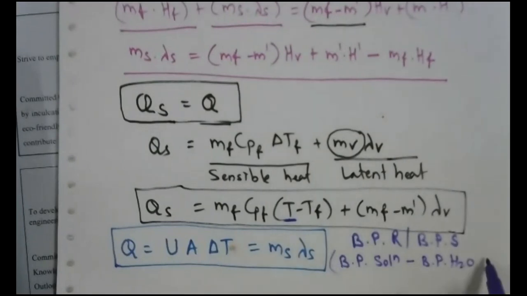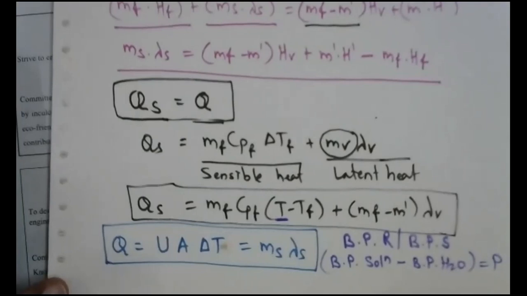So it can be indicated by capital P or even by other symbols. But the concept is simple. The boiling point rise or the boiling point elevation, that is BPR or BPE, is the boiling point difference of a solution and of water, right?